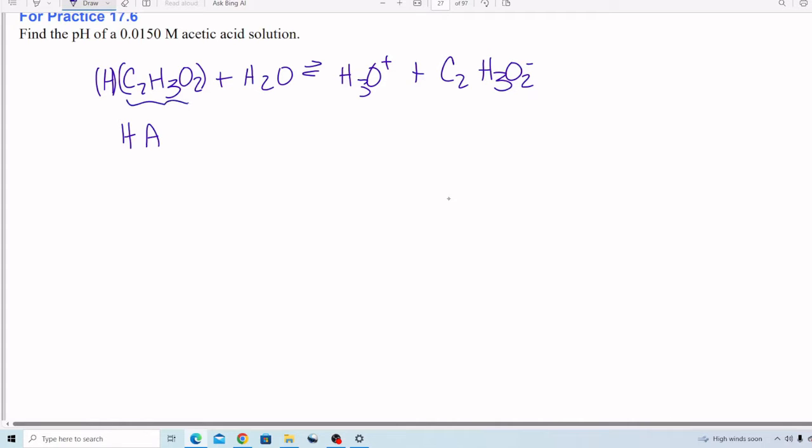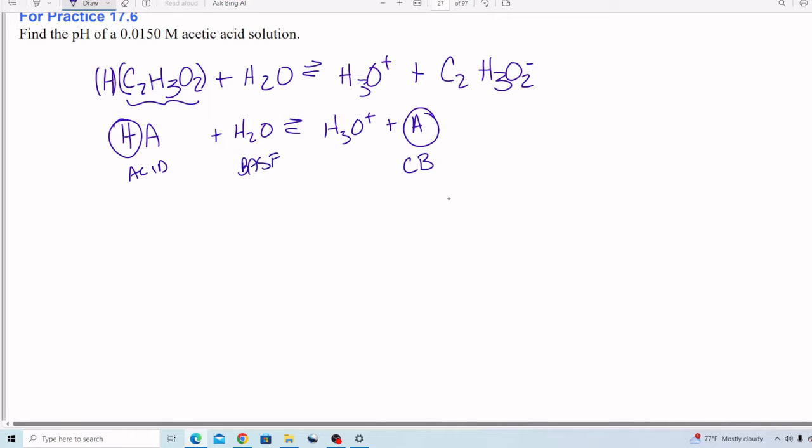This is our anion that goes with the acid, plus water yields H3O plus A minus. So what we're doing is removing the H from the HA, and it leaves behind A minus. Remember, this is our acid, and this is the conjugate base of the acid. Water in this case is acting as a base, and H3O plus would be the conjugate acid of water.